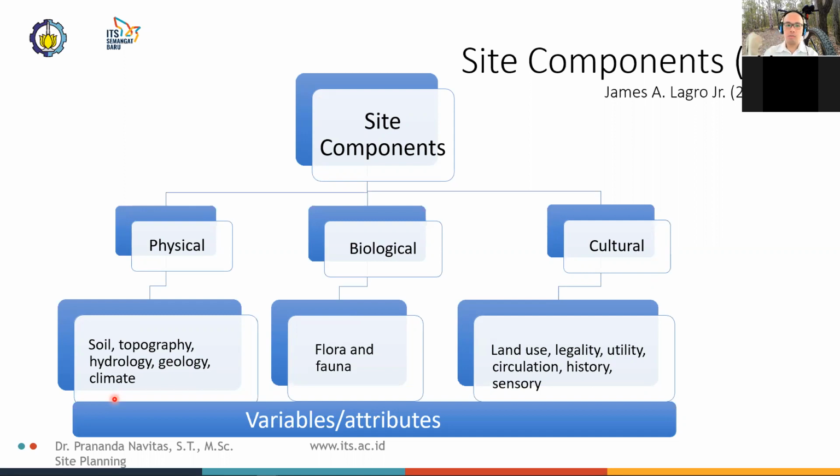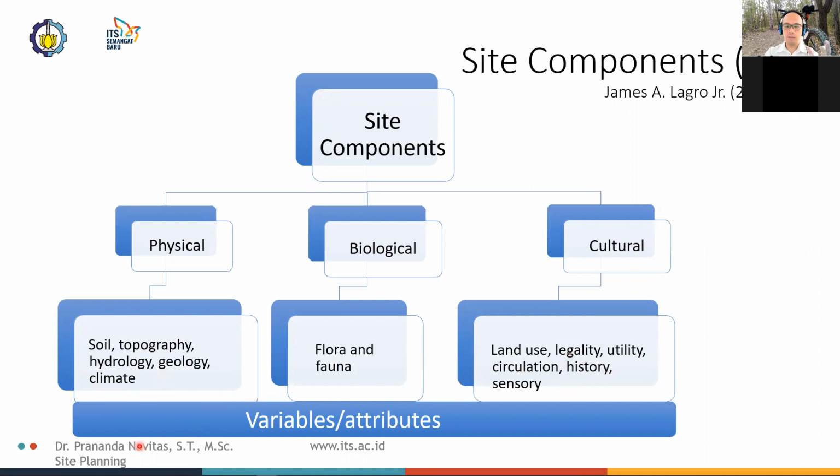And then the elements that inhabit the site, or the biological components: flora, fauna, and then the people that inhabit the site, or the cultural aspects of the site: land use, legality, utility, how people move about, circulation, history, and other sensory items.